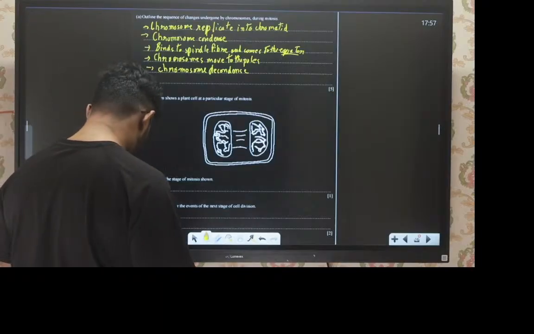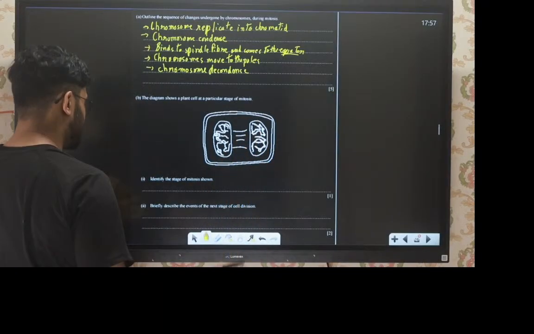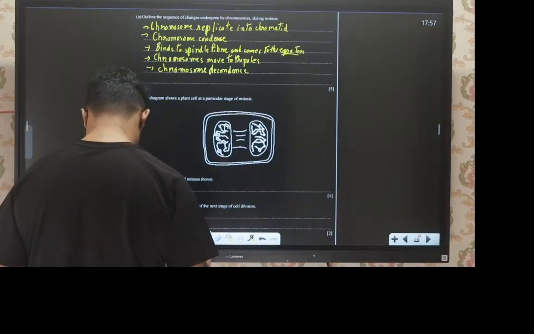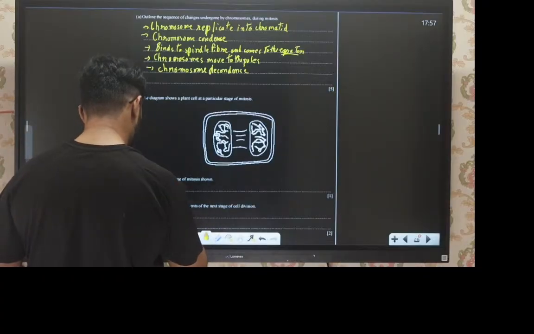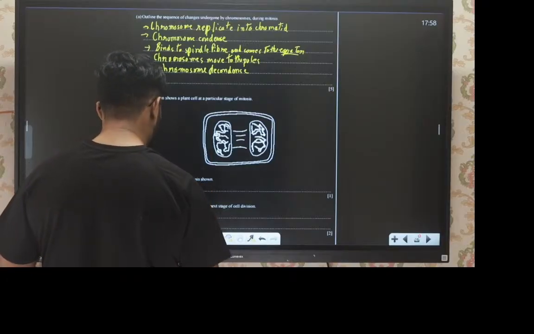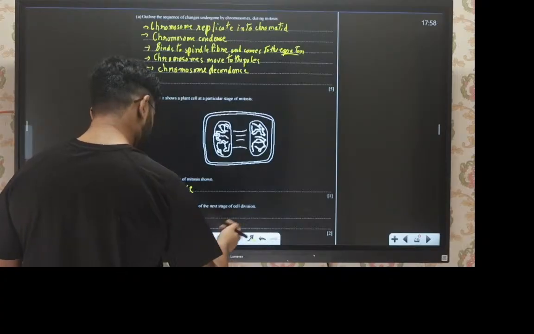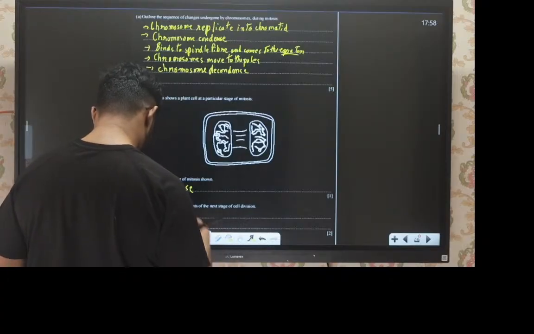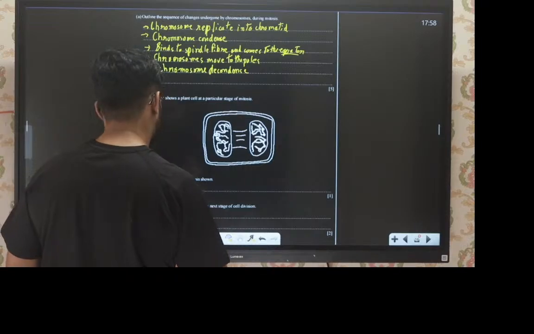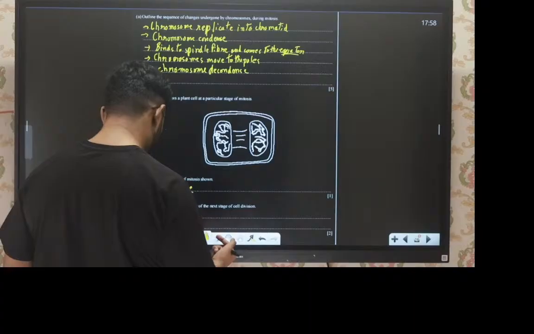Okay, that was a big question. Well, this diagram. Let's look at this diagram. It's pretty obvious. This is telophase. Briefly describe the events of the next stage of cell division. Cell wall forms. Or you can say vesicles from Golgi complex can form.